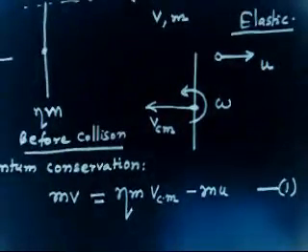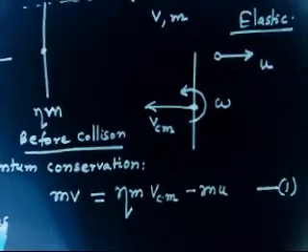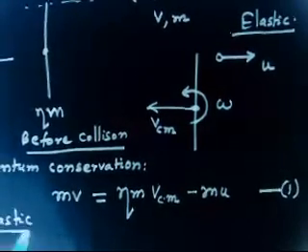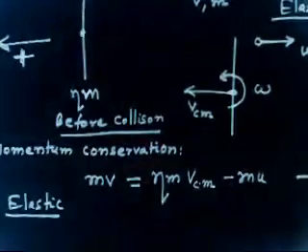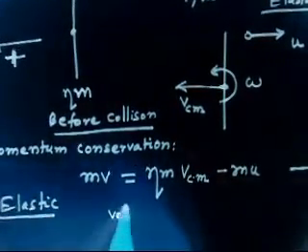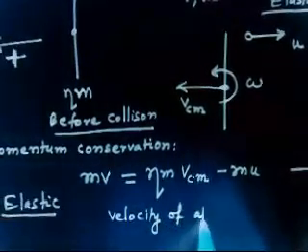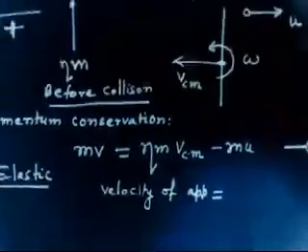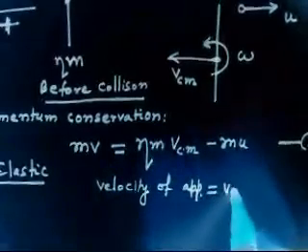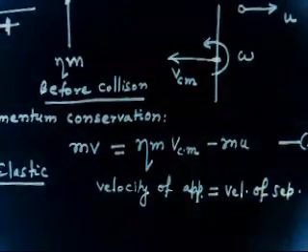The second equation I will get from the collision being elastic. So collision is elastic, and that means velocity of approach is equal to velocity of separation, with sign. This I am going to apply.